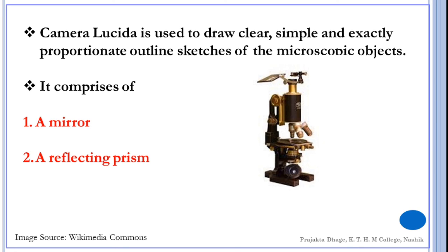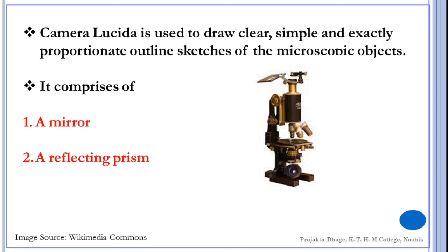If a piece of paper is kept there, the observer can see the superimposed picture of the paper and the image of the object through the ocular. This helps the observer to trace the outline of the image falling on the paper easily while actually looking through the eyepiece.